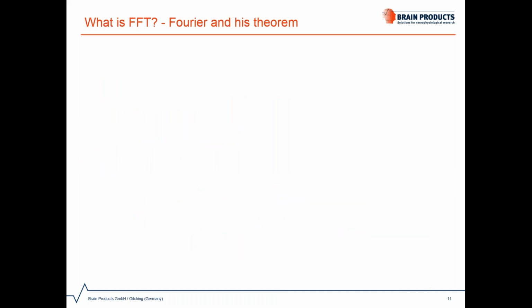So, what is Fourier transform? As you already know, it is the frequency domain representation of a time domain signal. And it also refers to the mathematical operation that translates the time domain to its frequency domain representation. So we will look now briefly at this mathematical operation.